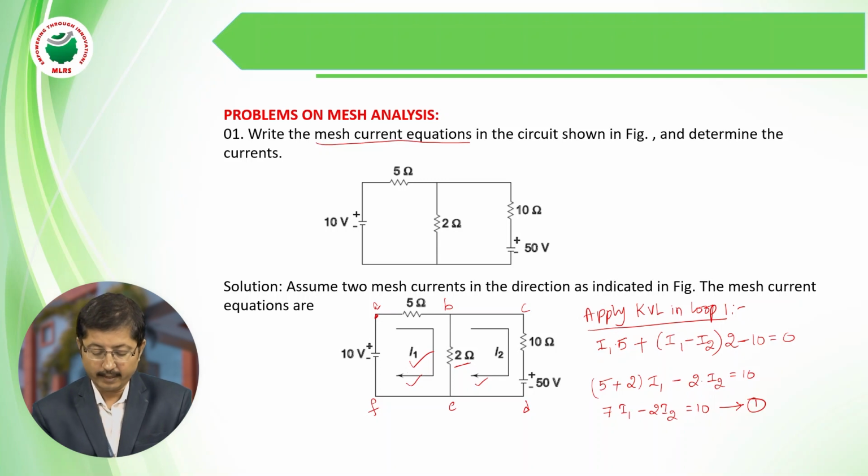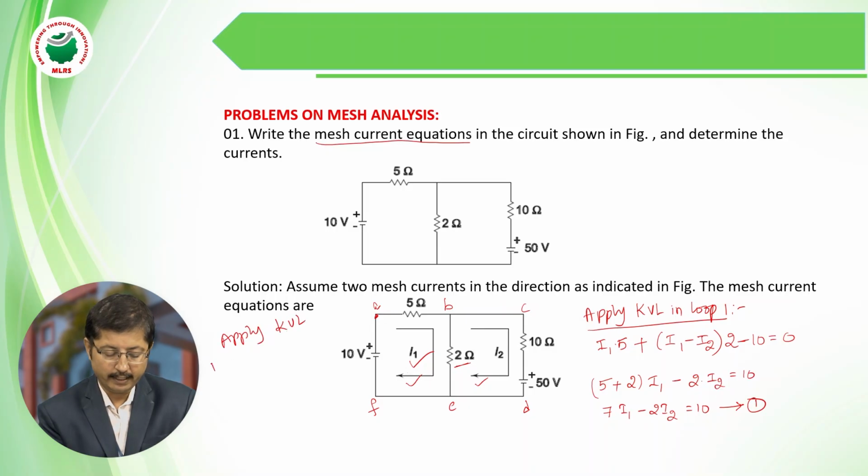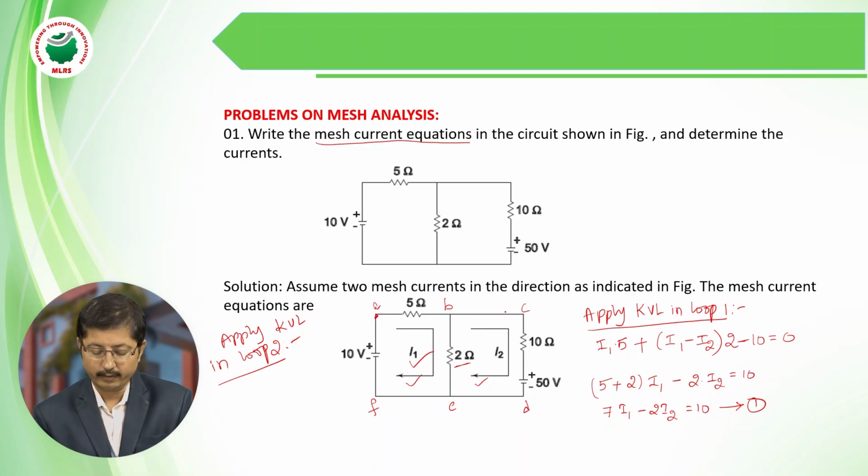Similarly, we apply KVL for the second loop. What is loop 2 here? B, C, D, E, B. For this loop we apply KVL, starting from here.